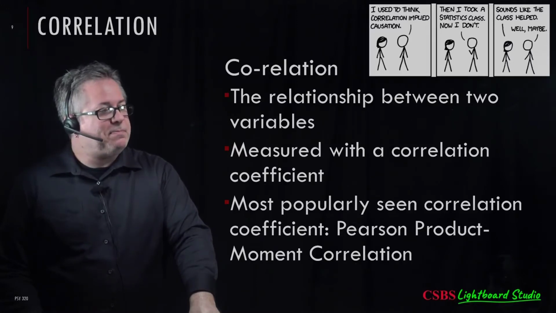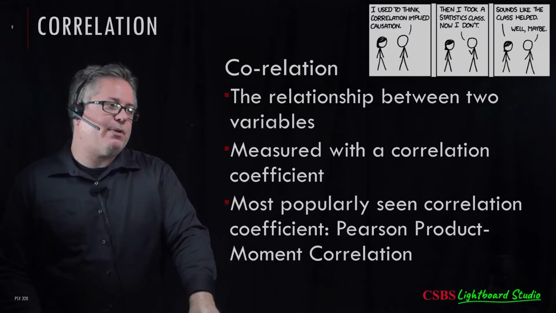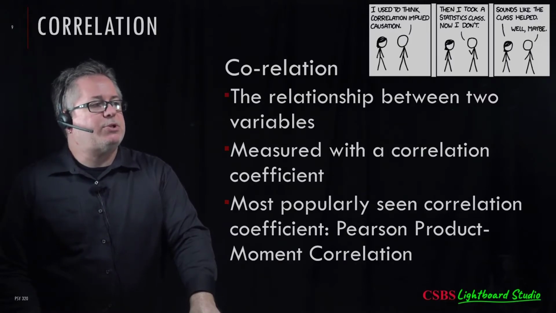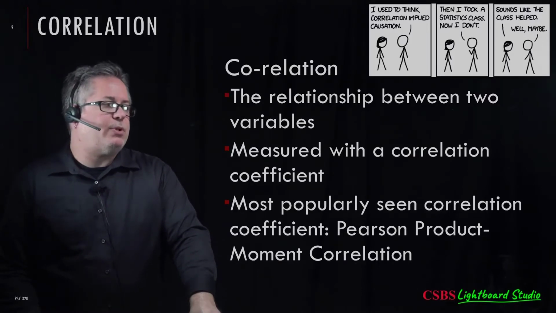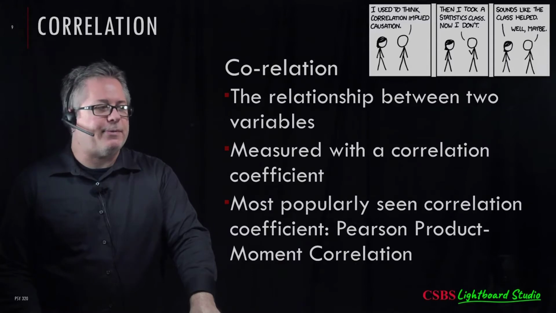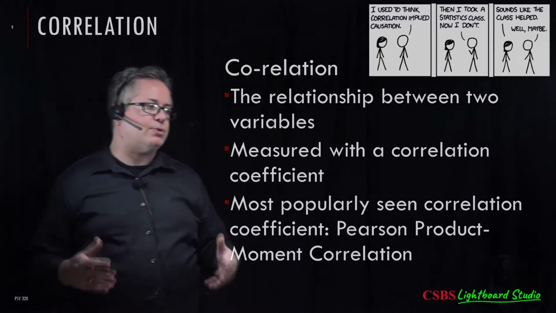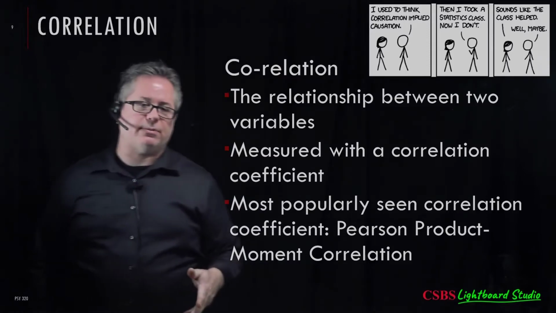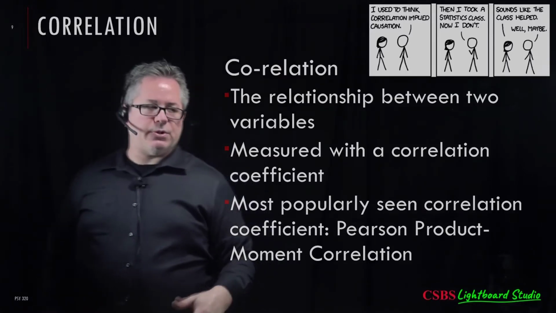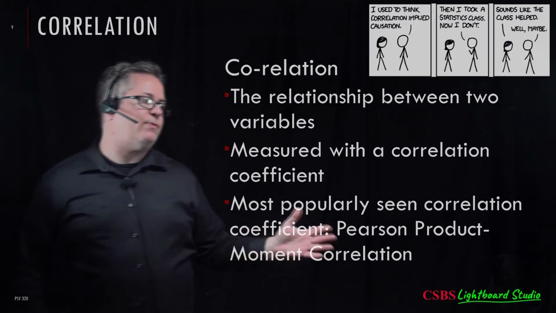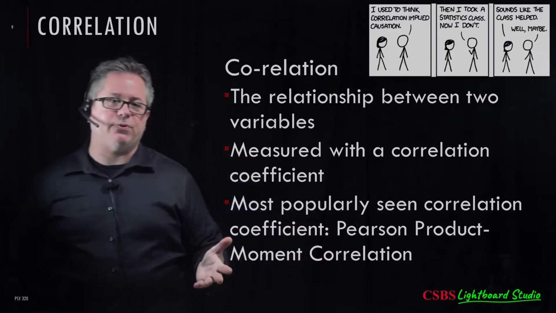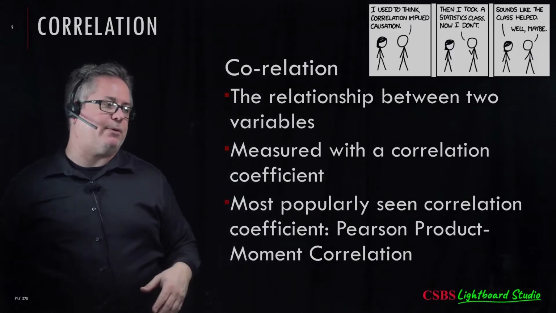So let's talk about correlation. The idea behind correlation is that we're trying to find the relationship between two variables, measured with a correlation coefficient. The most popularly used correlation coefficient is something called the Pearson product moment correlation, or the Pearson correlation, which was developed to find the relationship between two continuous variables, which is what we're working on here.